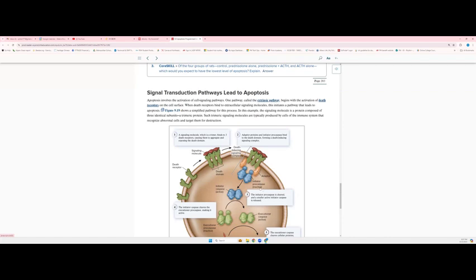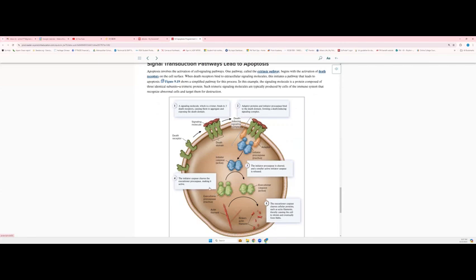And then this initiator caspase will be cleaved from the complex. So it will cleave here, right? And this is the smaller active initiator caspase. This part stays, and a smaller molecule is generated.